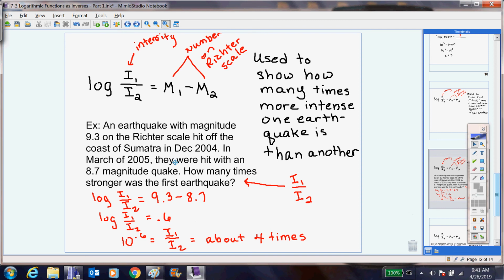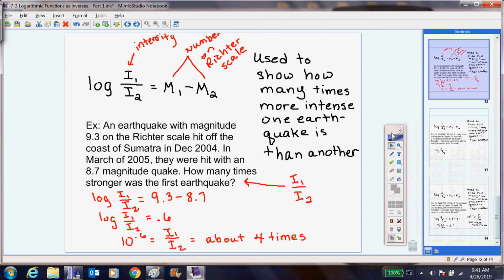The buildings would shake about 4 times harder if these were our two actual numbers, and they actually were the numbers. Okay, off the coast of Sumatra, there was an earthquake that was a 9.3, and it shook about 4 times harder than the one that hit at the same time, same place, 8.7 magnitude quake.